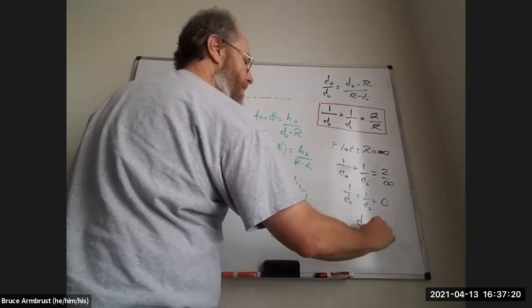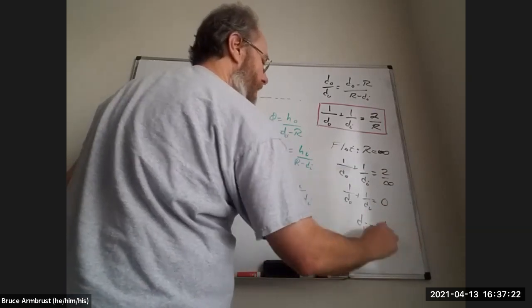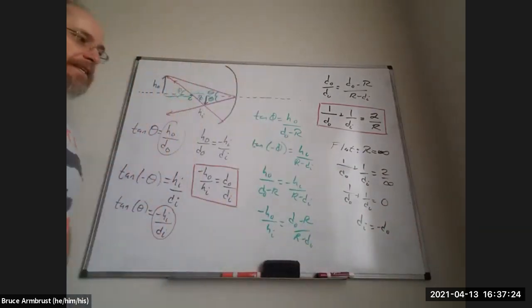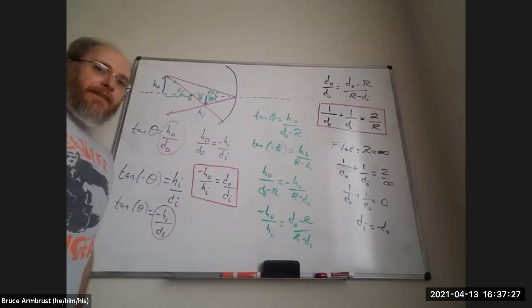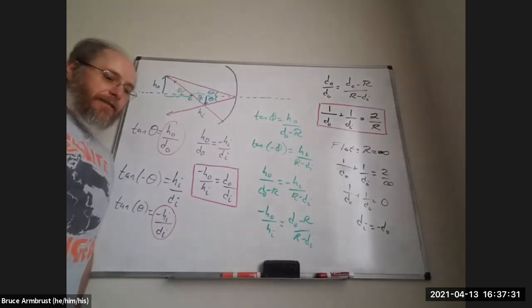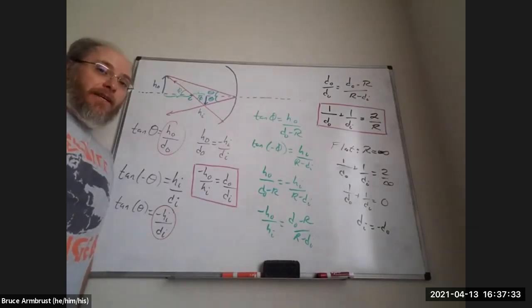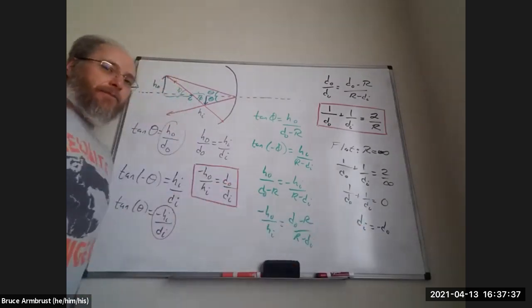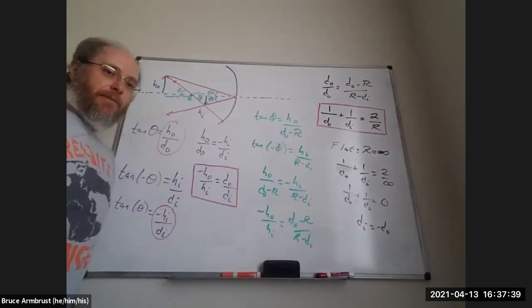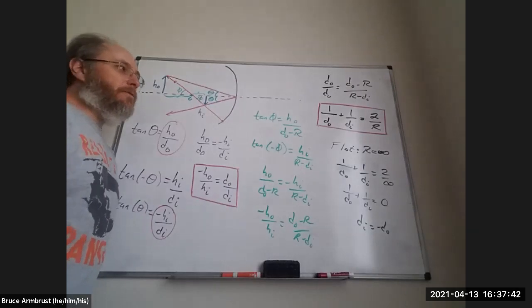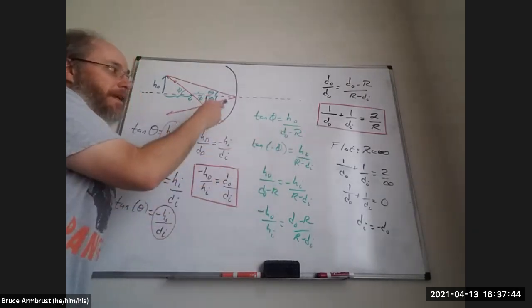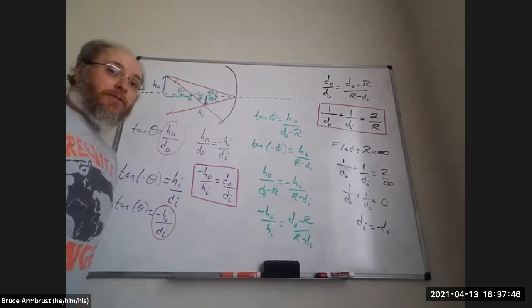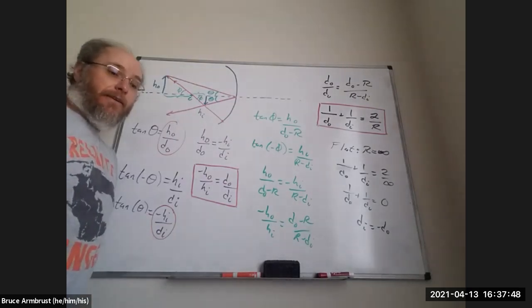And it's not very hard to solve this for DI. And you see that DI is equal to negative DO. So the image location is the same distance away as the object's location. It just has the opposite sign, which means on the other side of the mirror. So even though we developed this with a curved mirror, it still also holds for a flat.